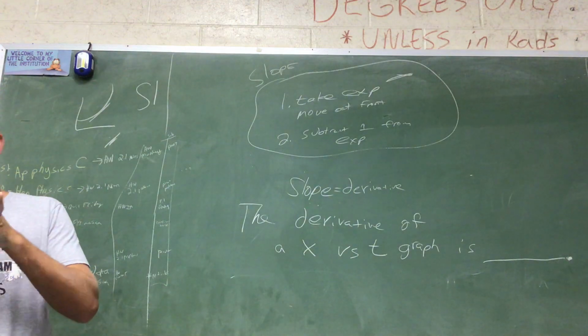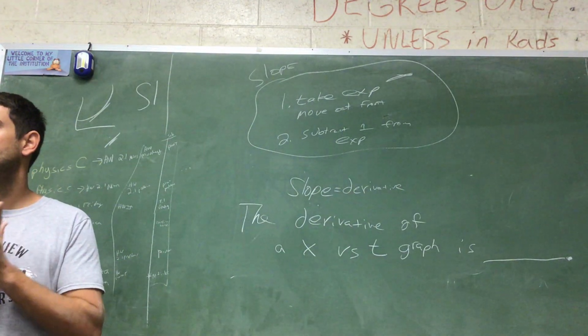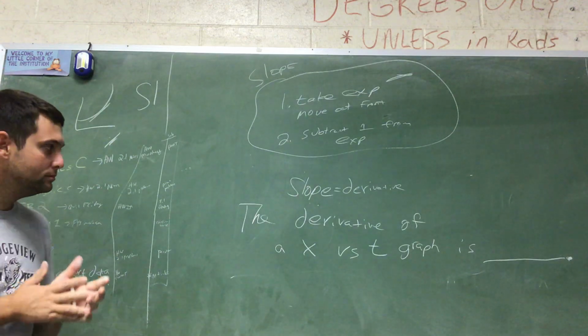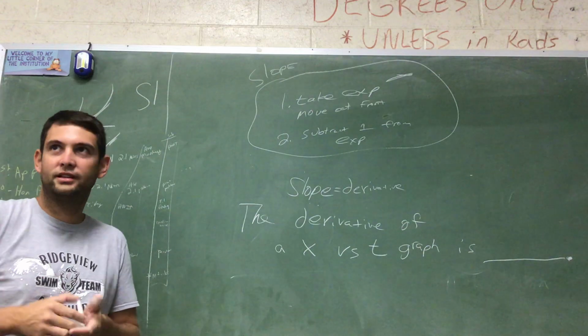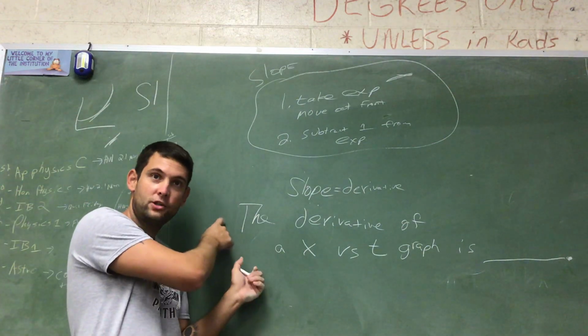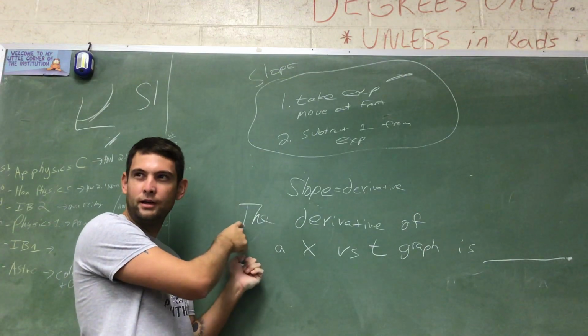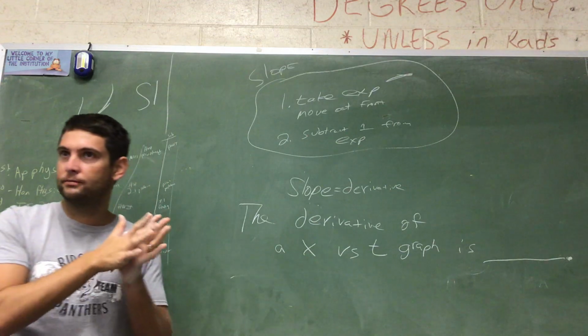The derivative of an x versus t graph is... No, give me just a word. What does it give me? Slope. This phrase was on the board yesterday. I told you to memorize it, except it was slightly different.